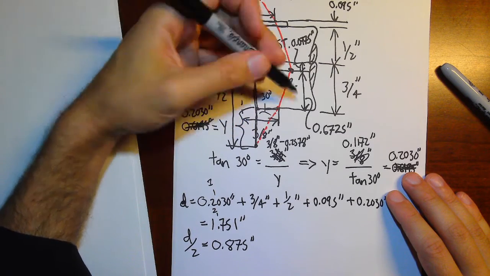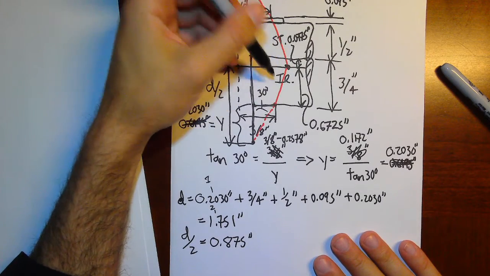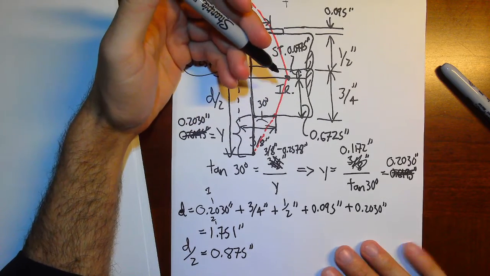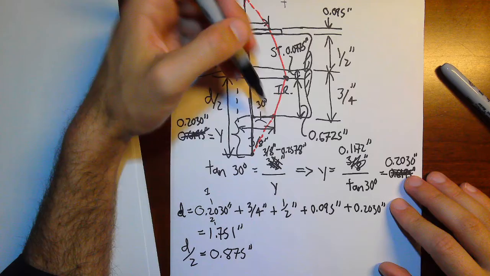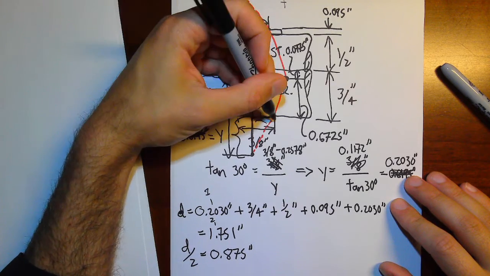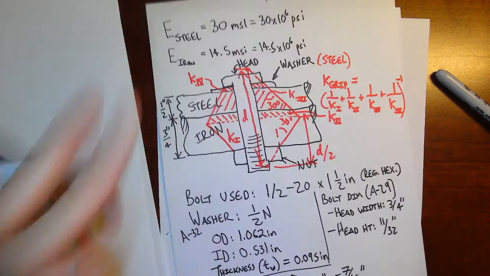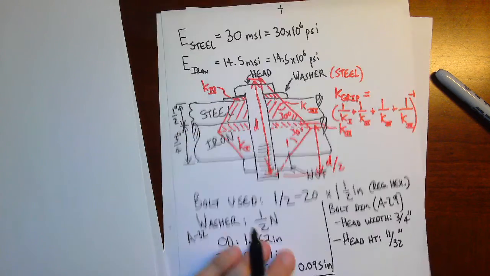Now that I have all the locations along here that I need to compute at, I'm going to start crunching away with the stiffness equations. So I'm going to start from here. I'm going to compute K1 first. And for reference, K1 would be the stiffness of this bottom frustum here.